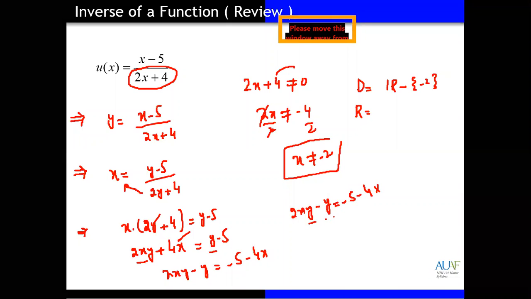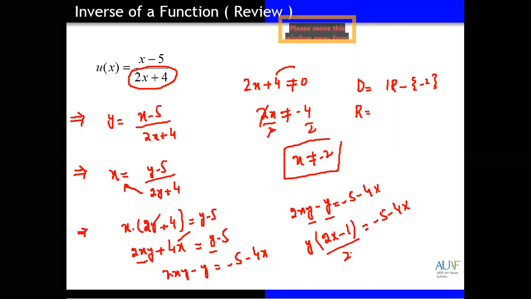Now we need to find the value of y. Taking y common from the first and last terms, we have y times 2x minus 1, because y multiplied with 2x equals 2xy and y multiplied with 1 equals y, equal to minus 5 minus 4x.